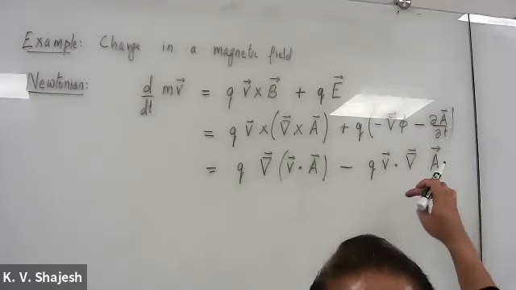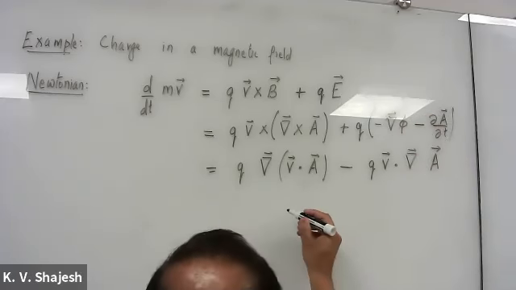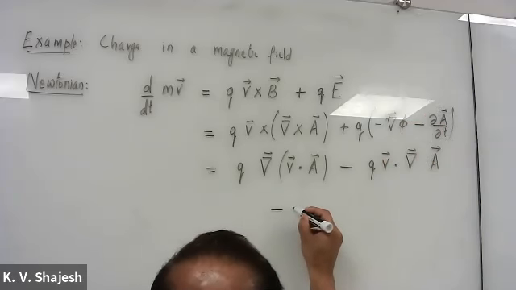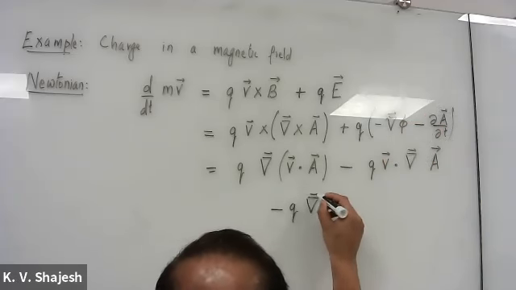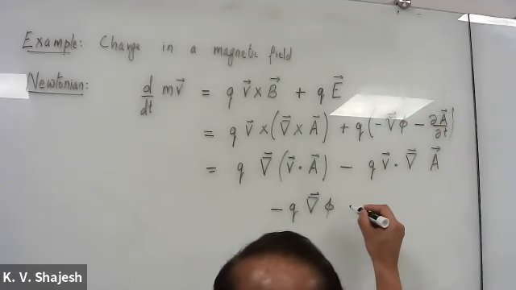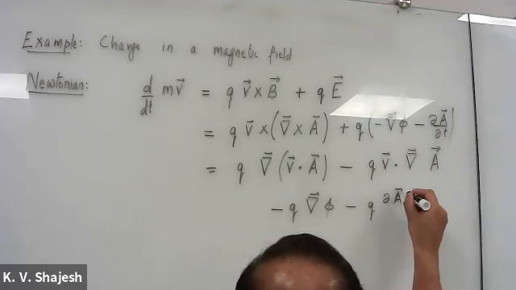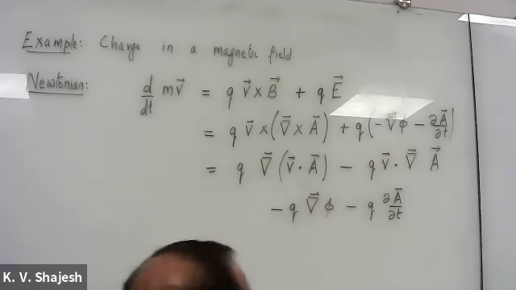Yes. So I have one more piece then. I have negative Q times the gradient of the potential, and I have negative Q times the partial derivative of A with respect to time.